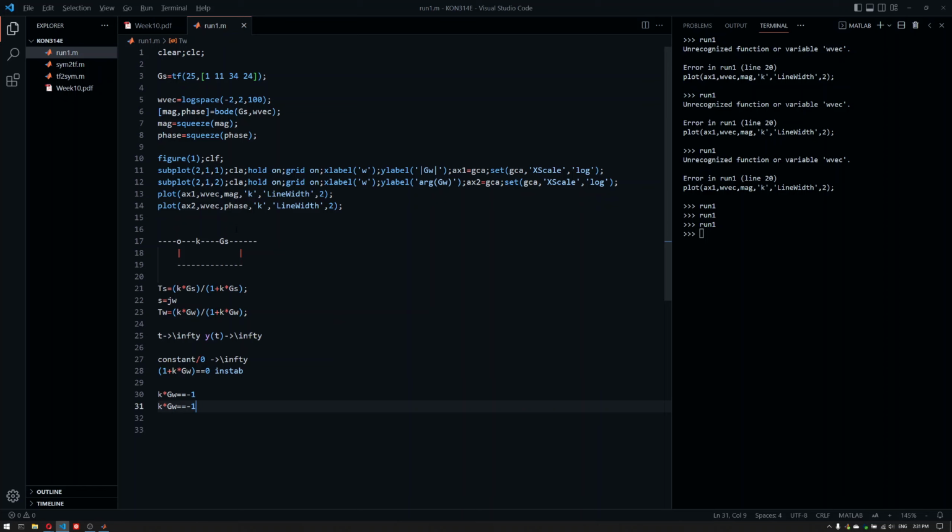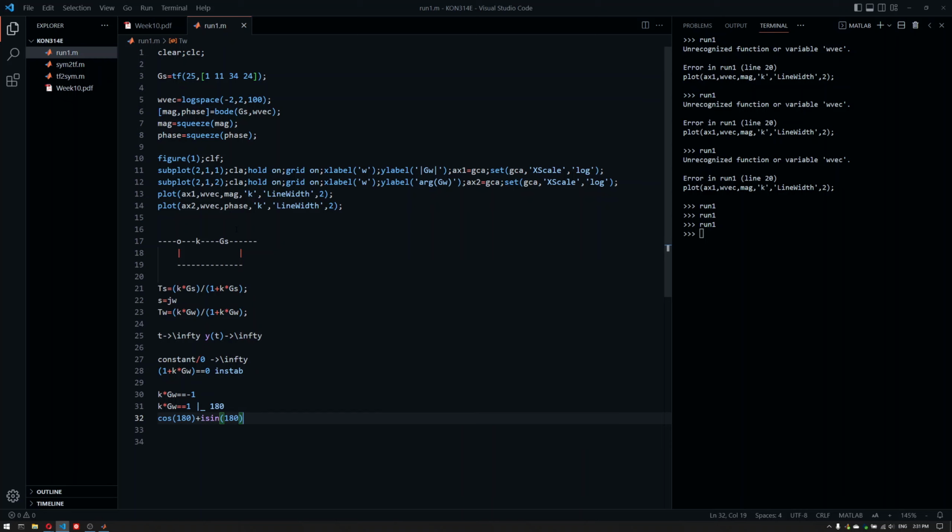The gain of this -1 is basically 1, and if I have 180 degrees, then I would be talking about cosine 180 degrees plus i times sine 180 degrees.